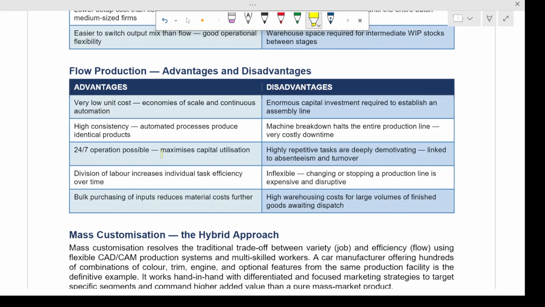So this means that there is a considerable amount of efficiency that is achieved in flow production because the division of labor is structured such that each person is working in the most efficient way possible. There is no way for them to become more efficient. So it means each task is completed quickly and on time, and this leads, again, back to low unit cost.